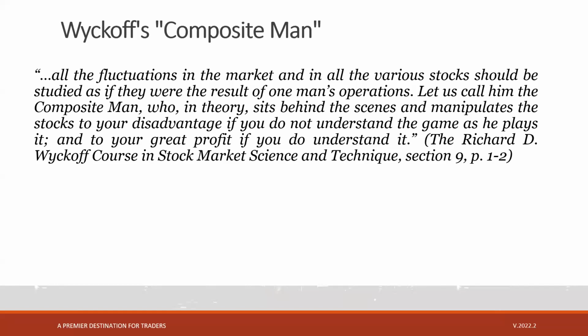They can see the order flow. They can see where the majority of orders are lying, and basically they try to grab them. So what he realized is that all fluctuations in the markets, whether it's stocks, cryptos, or FX, you can approach it as though they were the result of one man.